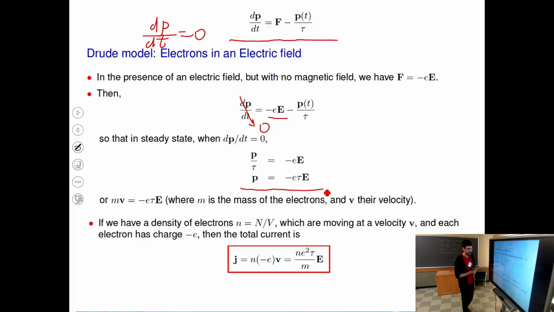Now we can rewrite this equation in terms of current, which is something that we can actually measure. We don't really measure the momentum of electrons, we measure current. So the way you do that is you say p is equal to m times v, and the current density is equal to density of electrons times their velocity and times their charge.